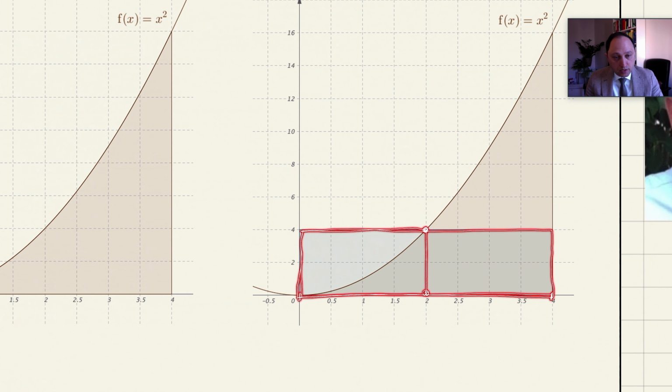Agree? So this is the method that I'm trying to tell you. First of all, you consider the whole interval, you find the midpoint, from the midpoint you go up until you find the intersection point with your curve, and then here you draw a line parallel to the x-axis and complete a rectangle for yourself here.